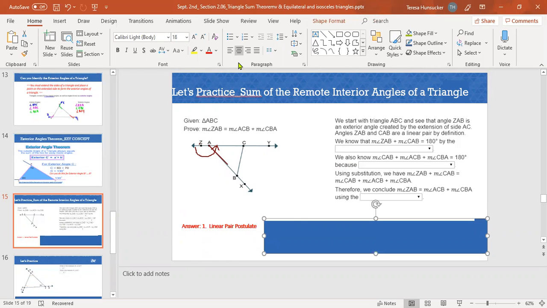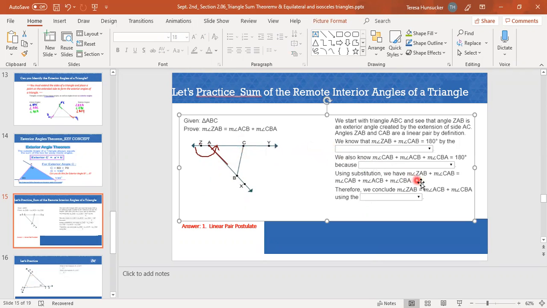All right, spotlight. We know that the measure of CAB, the interior angle A, plus ACB, interior angle C, plus CBA, all 3 interior angles of the triangle, equals 180.